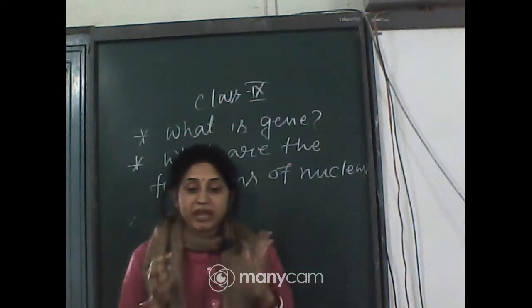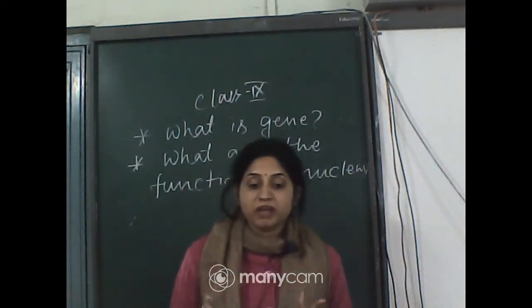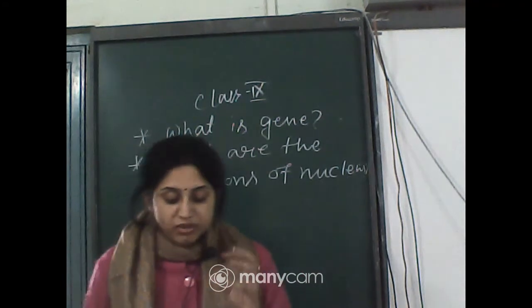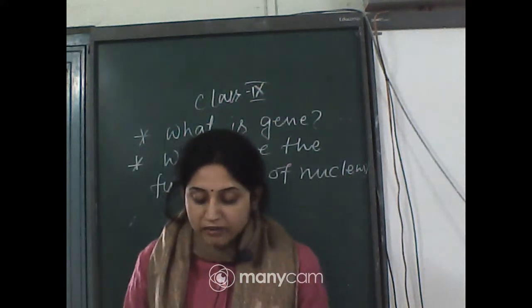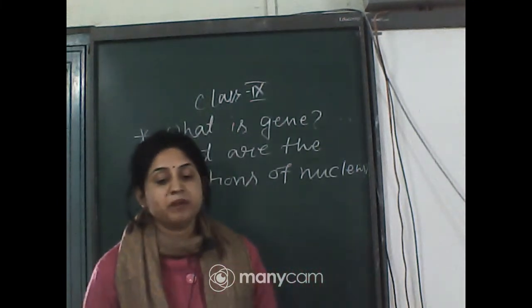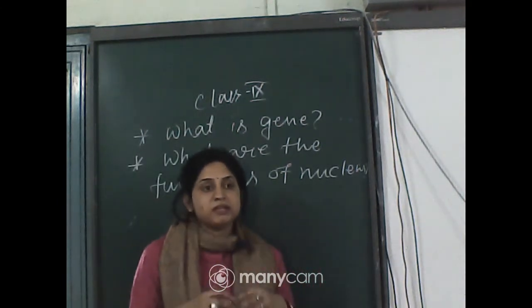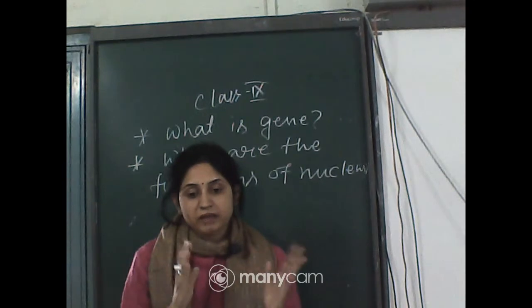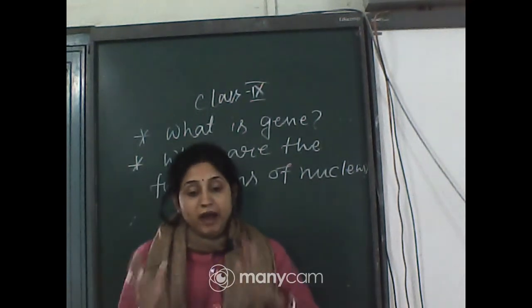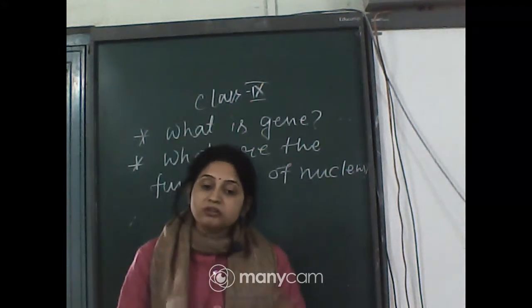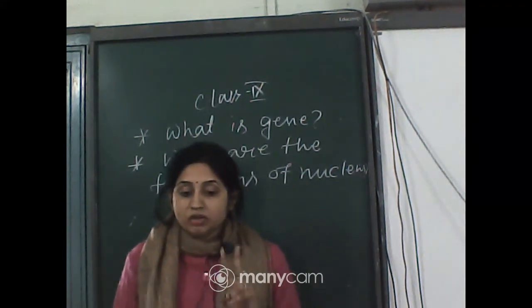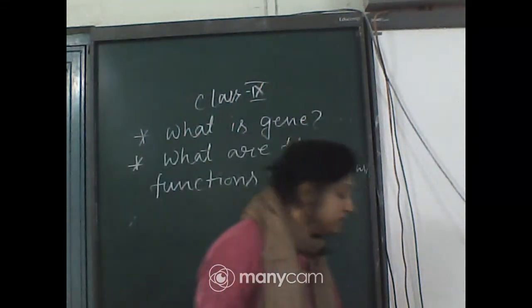So it helps in directing the chemical activities of the cell to determine the way the cell will develop and what form it will exhibit after maturity. Obviously it helps in the formation of the cell, and after maturity, which structure the cell takes is also determined by the nucleus. So, two functions of the nucleus, remember that.